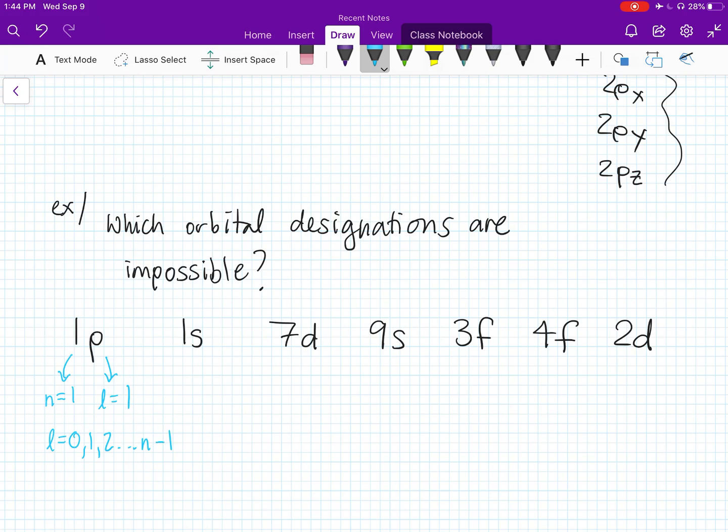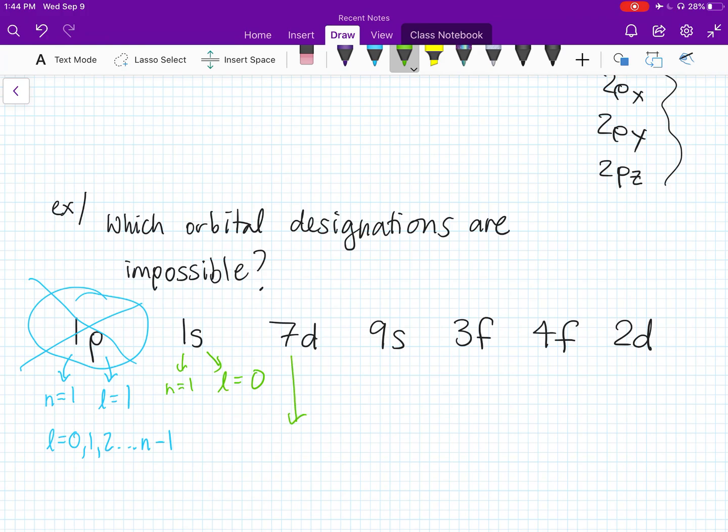So if n equals 1, L can only be 0. So we can see right away that this orbital designation is not allowed. It's not legit. Let's compare that with 1s. Here I have n equals 1 and s means that L equals 0. That one's fine, right? If n equals 1, L can be 0.